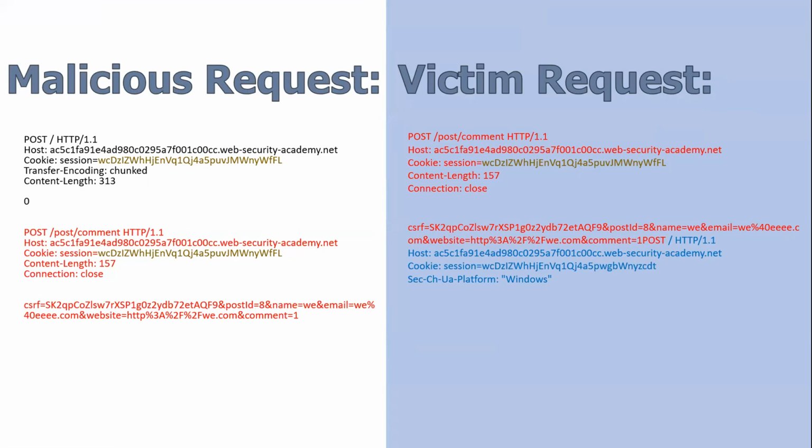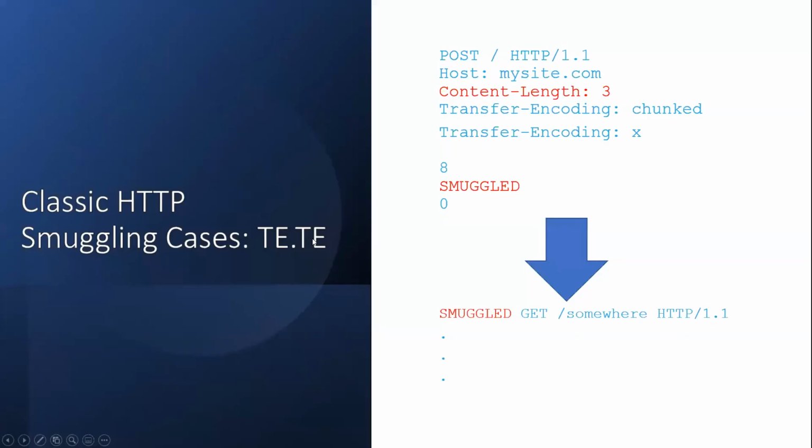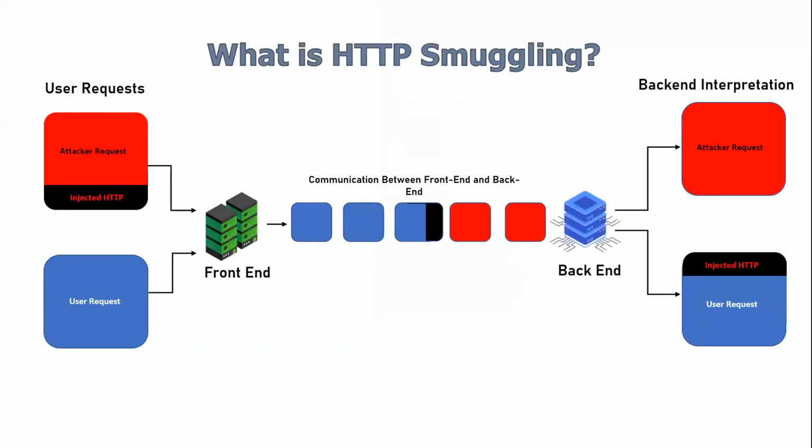Actually, we're seeing 2 requests. What smuggling is, basically, is that one person sends these 2 requests, and the server thinks the front end... and I'll just go to the actual graph.